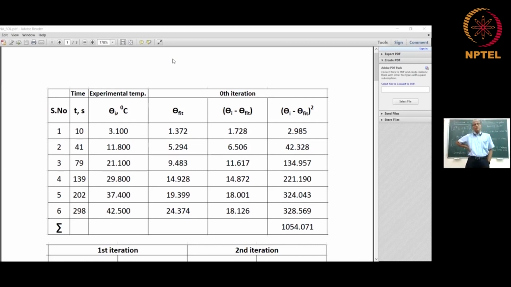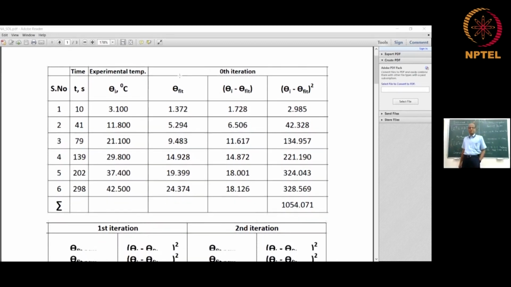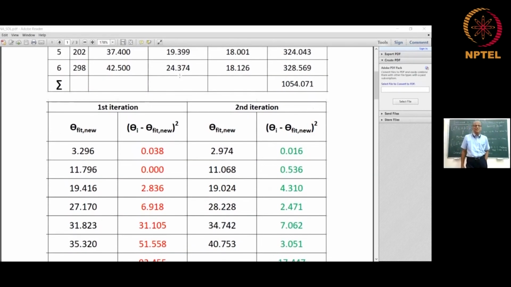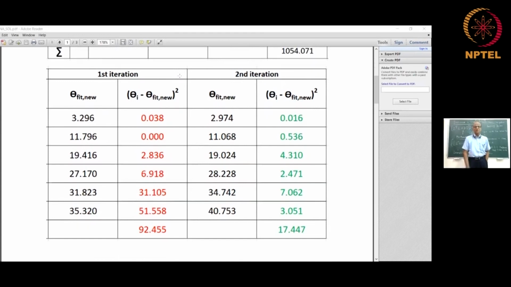At the 0th iteration, you got a very high error of 1054.071. We did the first iteration in the class; I demonstrated it on the board. From 1054, the sum of the squares of the residuals reduced to 92.44, which is very good.